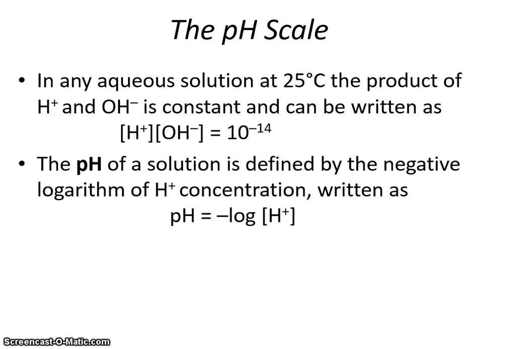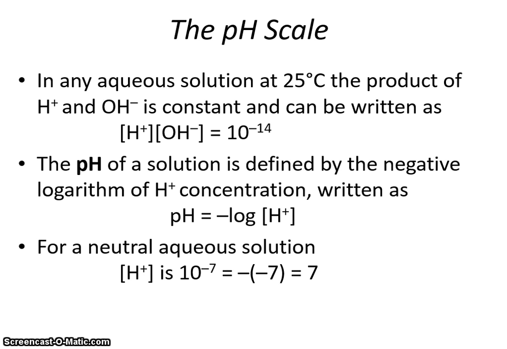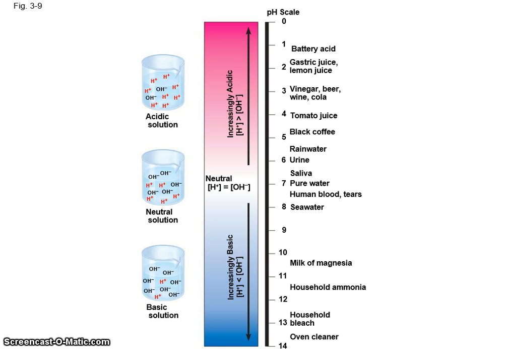So for example, in pure water, in a neutral solution, the hydrogen ion concentration is 10 to the negative 7th. So if we plug that into our calculation here, that's going to give us a value of 7, or a pH of 7. If you look at our pH scale, that's right in the middle.